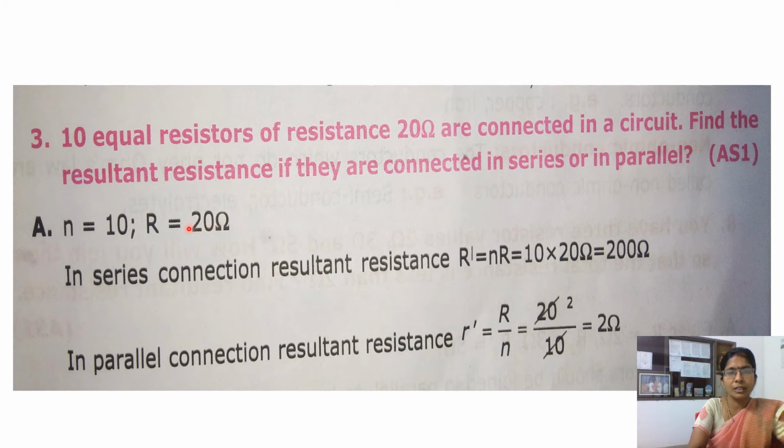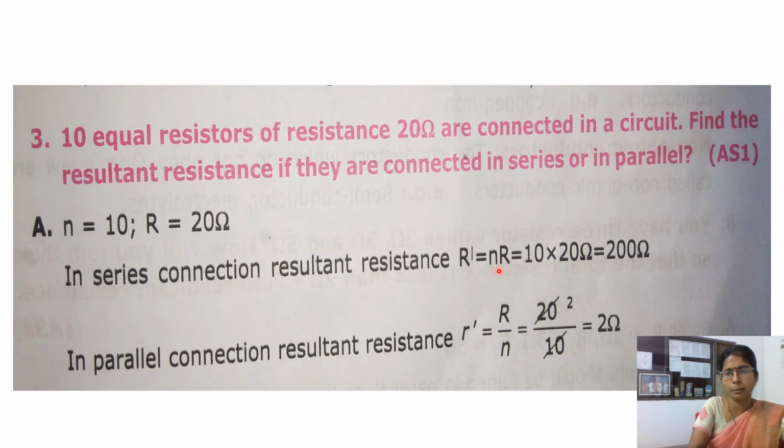So here when these 10 resistors are connected in series, equivalent resistance is equal to R1 plus R2, R3 plus R4 plus so on till R10. So instead of writing like that, the simple formula is R, that is equivalent resistance, R is equal to N into R. Since they are having the same value, N into R, repeated addition is multiplication.